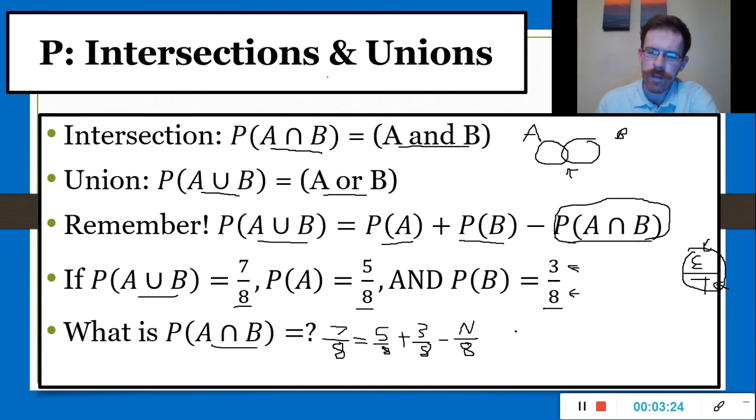Now, why over 8, you say? Well, this being our intersection, it's probably going to have the same denominator as the other things, so I'm just trying to make it easier for us.